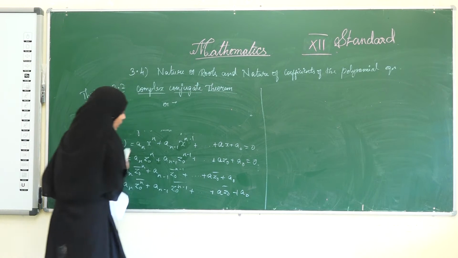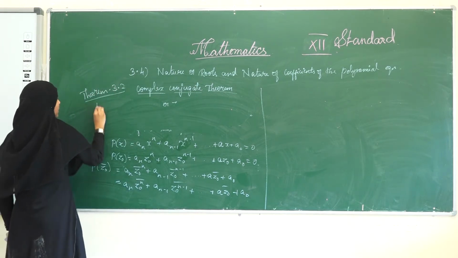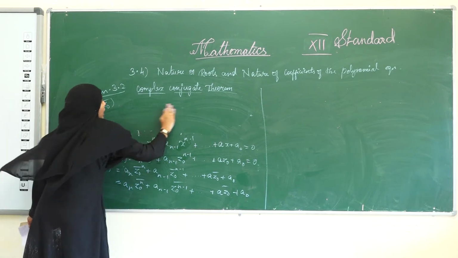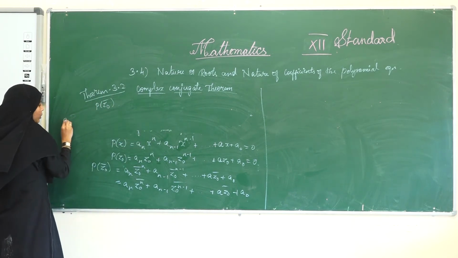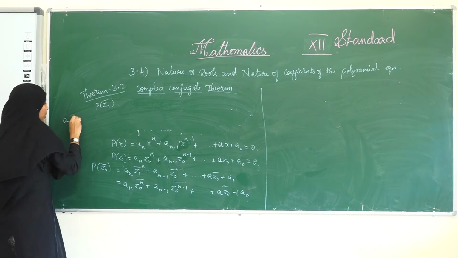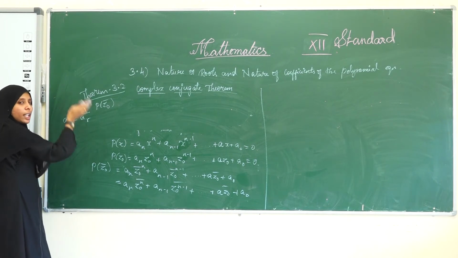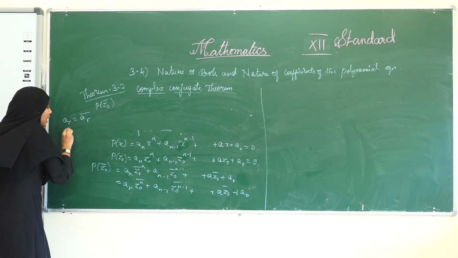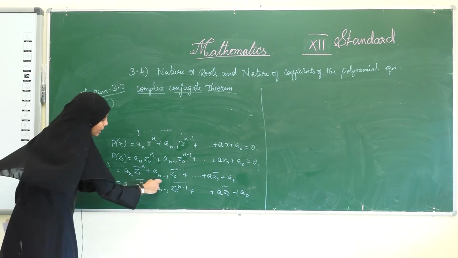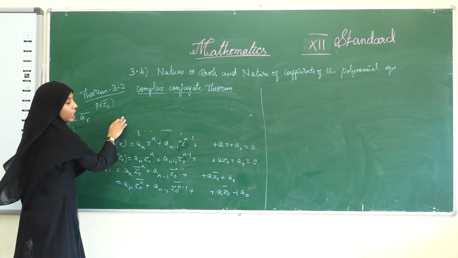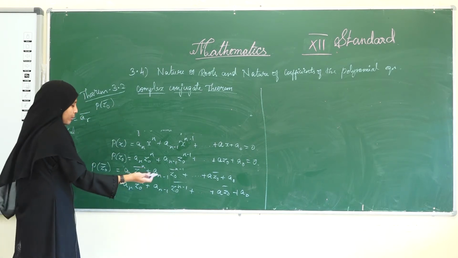Okay, so now listen here. We already know that if a r is a real number, the conjugate of a r can be written as a r bar, and both will be the same. A r and a r bar are the same when a r is a real number. See here, a n, a n minus 1 and so on are real coefficients, right? We have seen in the statement of the theorem that these are real coefficients.